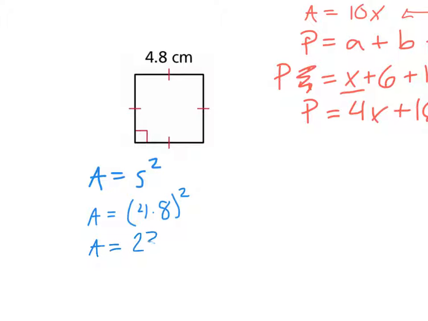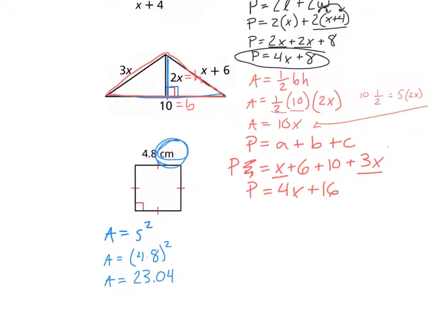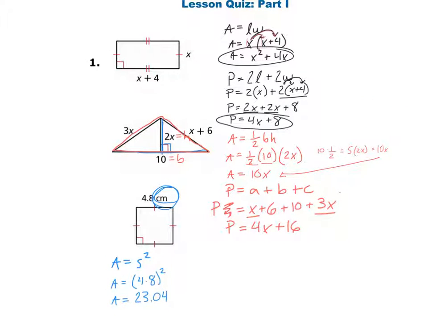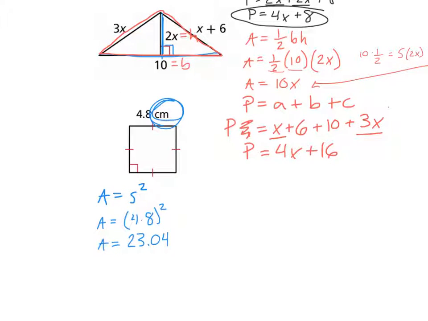So this would be 23.04. And we can't forget about the centimeters. So notice how the first two shapes didn't give us any units, but this one does. So we have to tack on the centimeters squared. Because when we're dealing with area, the unit has to be squared.